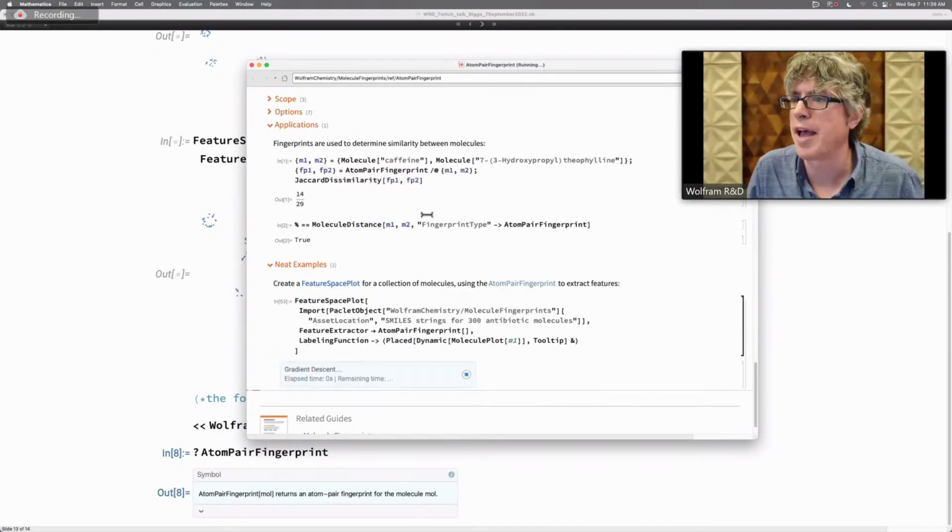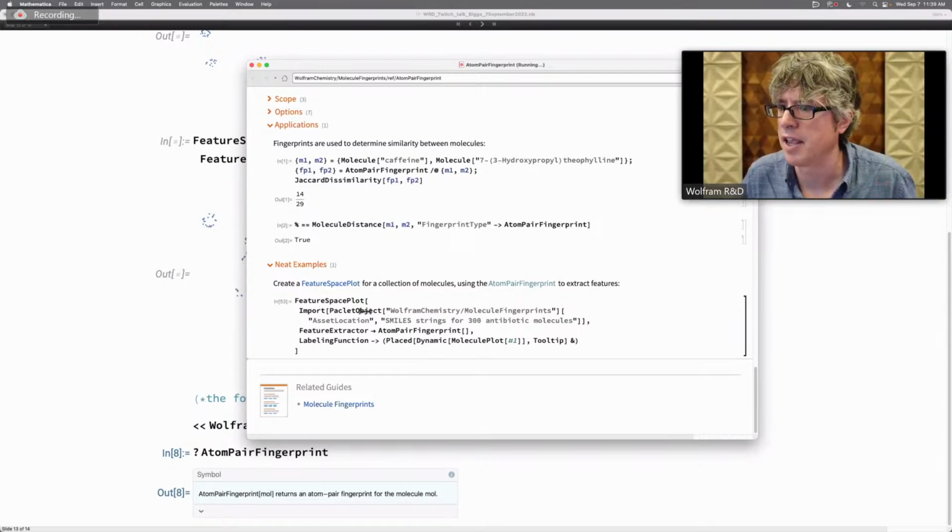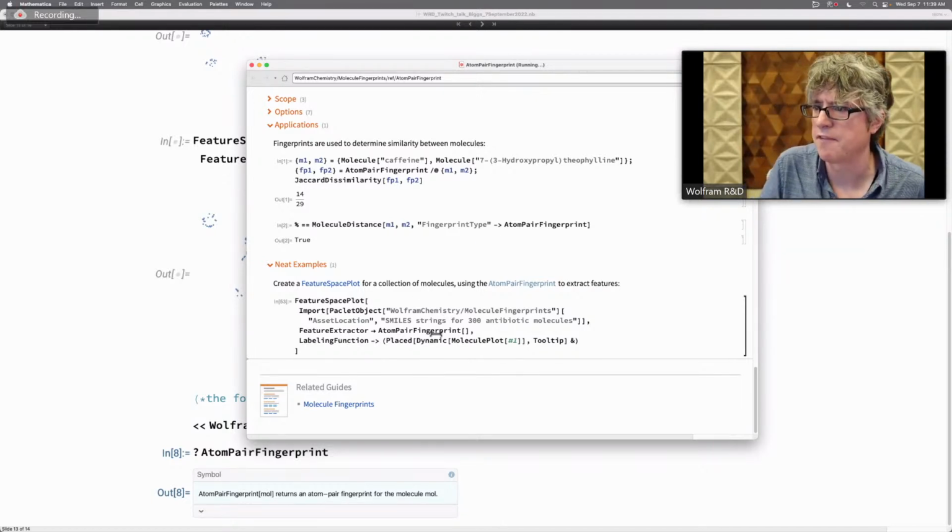And here, this is actually what I came here for. In this paclet, I put SMILES strings for 300 antibiotic molecules as a resource, a paclet asset. And then I'm calling feature space plot using the atom pair fingerprint defined here in this paclet.